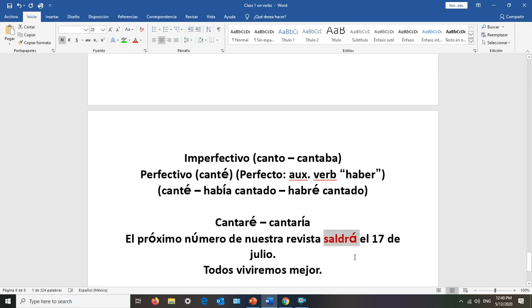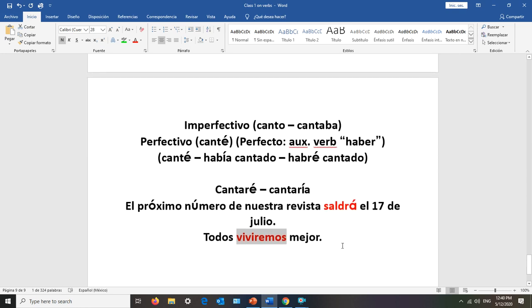futuro imperfecto, denoting perfective meaning. Contrasted against todos viviremos mejor, futuro simple o imperfecto, denoting imperfective meaning. So, as you can see, with the tenses futuro imperfecto y condicional simple, we may have contexts in which they denote either an imperfective or a perfective meaning.